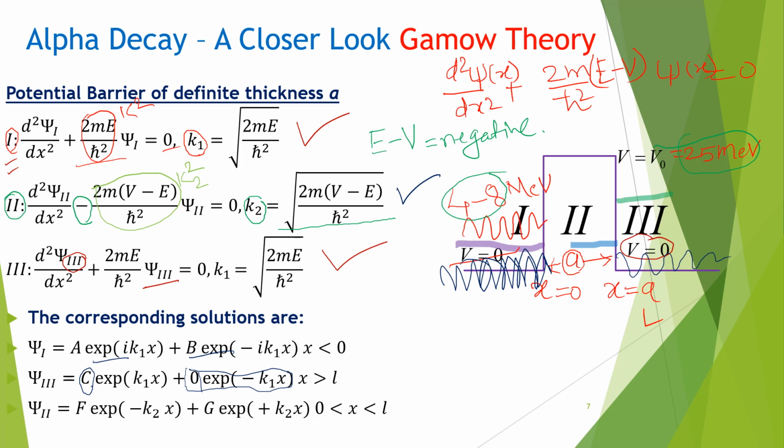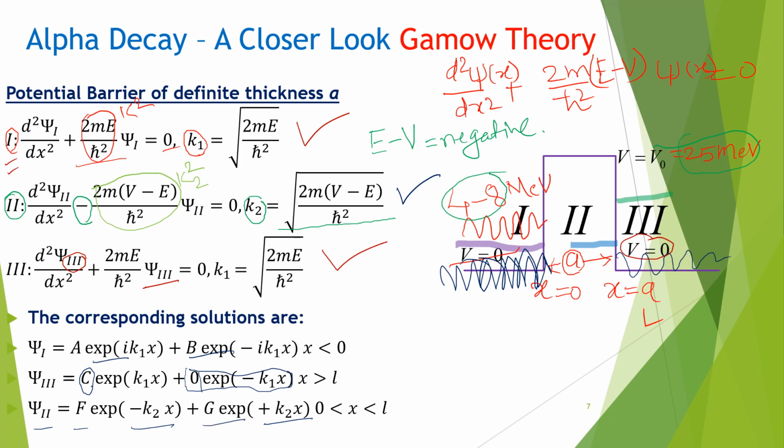Then in the middle region, the situation is a bit different. Psi 2 is equal to, first I am writing the negative part and then the positive part. It does not matter, that is just for mathematical ease. F into e to the power minus k2x plus g into e to the power plus k2x.